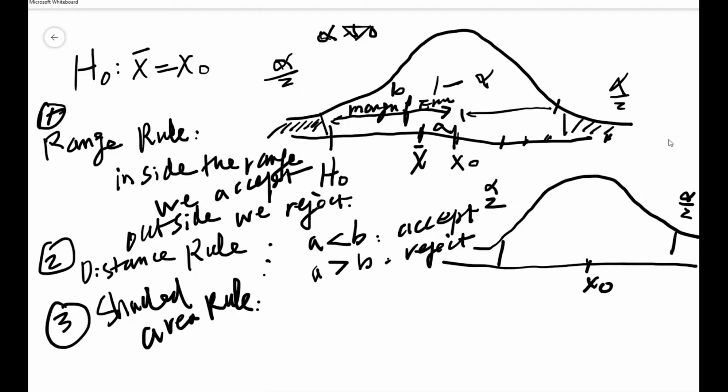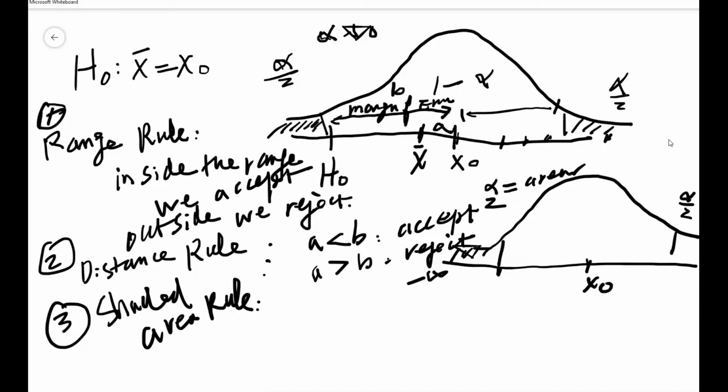The half alpha represents this area, from negative infinity up to here. So this is the lower bound. Half alpha is actually a probability, from negative infinity up to here.